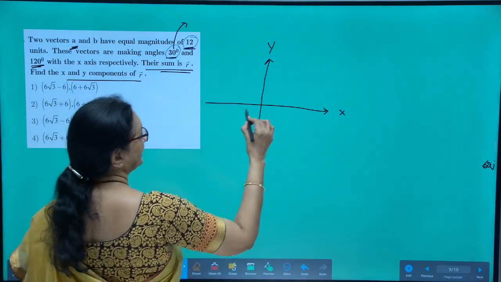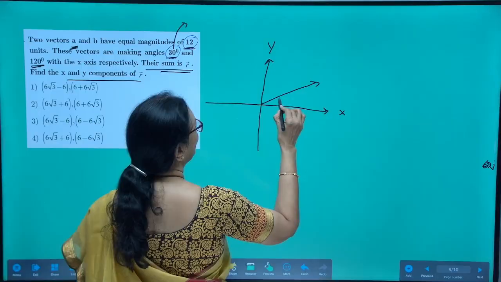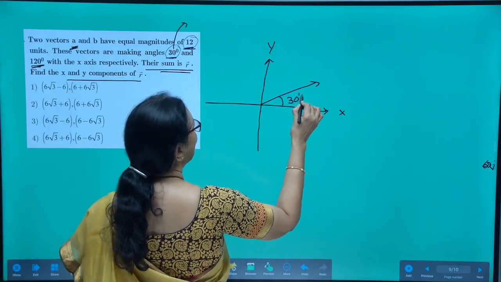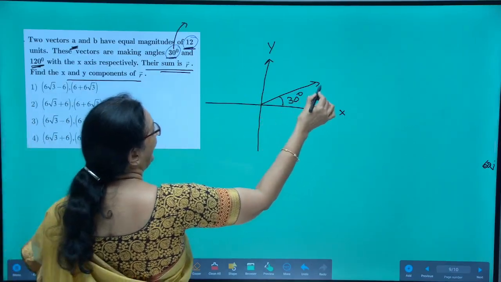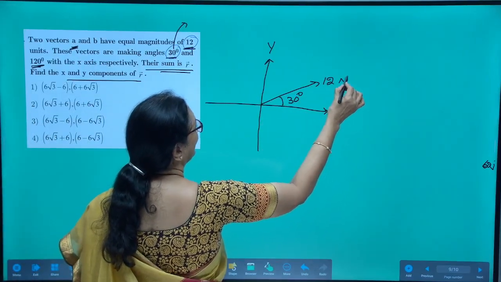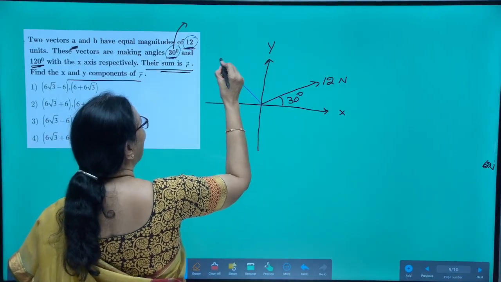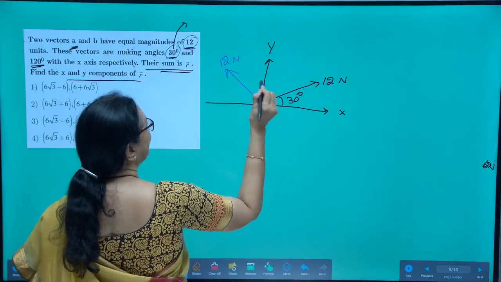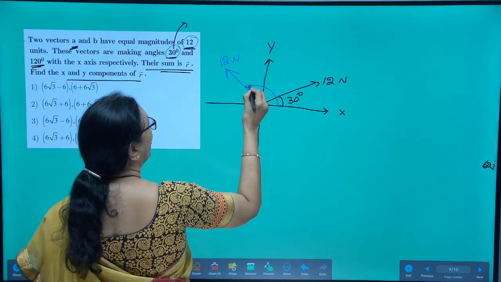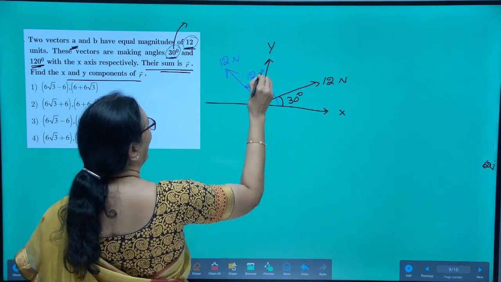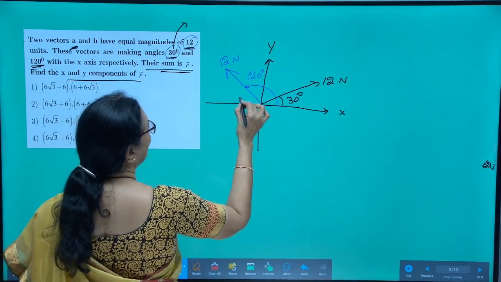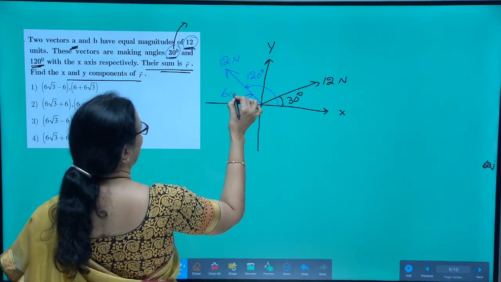So, that is not 60, it is 30. So, this angle is given as 30 degrees and its magnitude is 12 Newton. And another one is 12 Newton, but it is making an angle 120 degrees. Okay, if this is 120, this angle becomes 60.